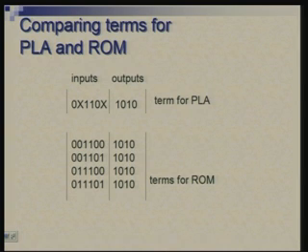To illustrate this point of compact representation, suppose in your truth table there was a term like 0x110x, and for this the output is 1010. In a PLA you can take it as it is; it will contribute 1 to that k. Whereas for a ROM you need to define the output for each combination exhaustively.